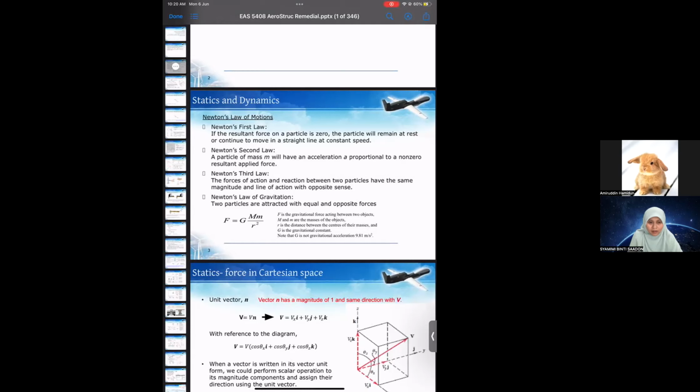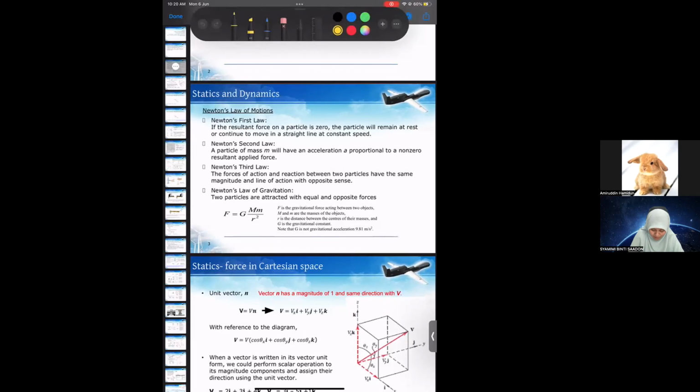Second law: a particle of mass will have an acceleration proportional to a non-zero resultant applied force. What does this mean? This is the famous relation we usually use: the sum of the forces equals MA.